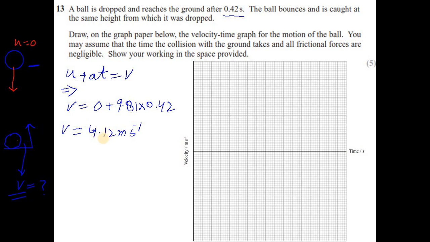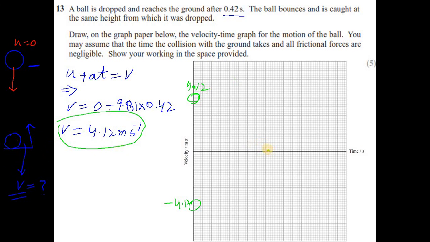So what do we need to do? We need to mention this velocity on the graph. You can take some point here, and this is your positive velocity 4.12, and this is your negative velocity 4.12. Why do we need positive and negative? Because it's a velocity-time graph, and the velocity is changing, coming down and going up, so the direction changes, so we need to mention both velocities, as well as the time of the bounce on the time axis.